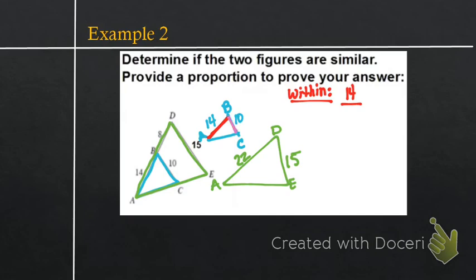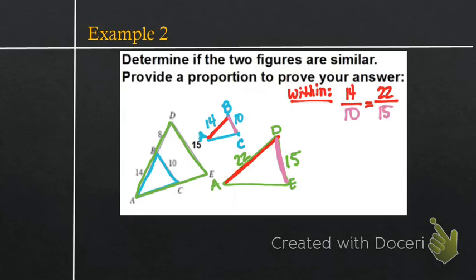BC, I have 10. Now you see what corresponds to my other shape. What corresponds to AB is AD, which gives me 22 in my numerator. And what corresponds to BC is side DE. It's both on that right side. So that is 15.